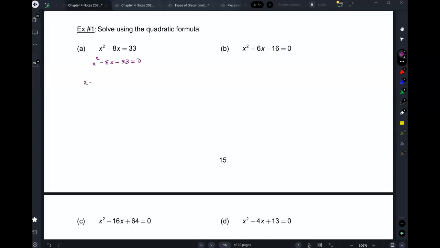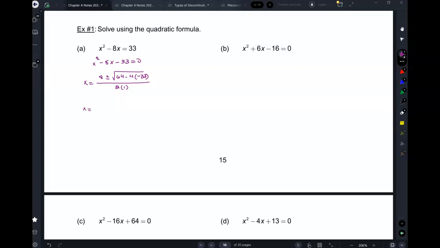So now, x is negative b, which is 8, plus or minus the square root of b squared, which is 64, minus 4 times a times negative 33, all over 2 times 1, which is 2.